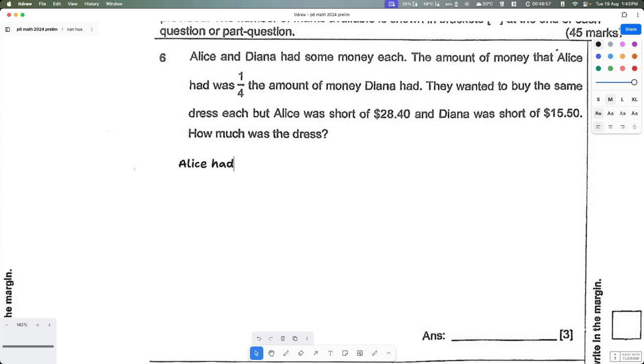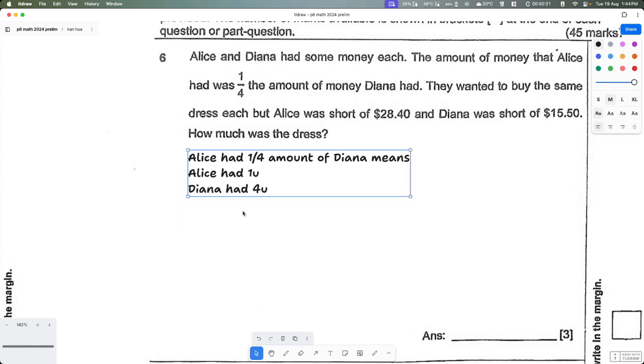Alice had one quarter the amount of money of Diana, which means Alice had 1 unit and Diana had 4 units. This is what it means.